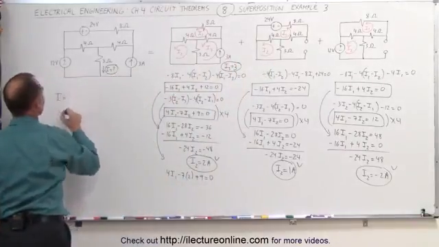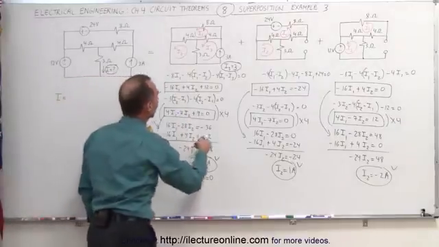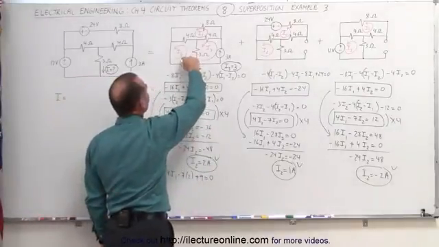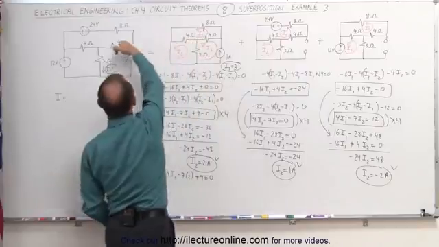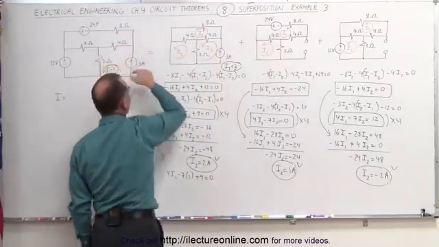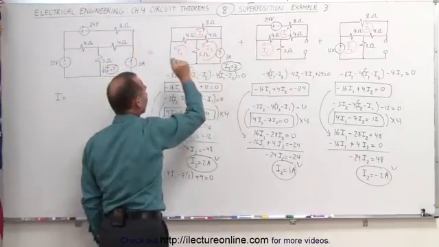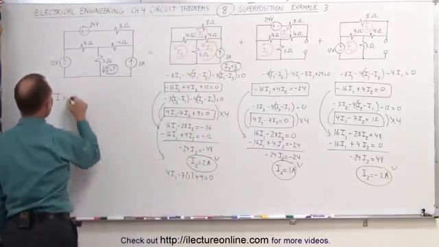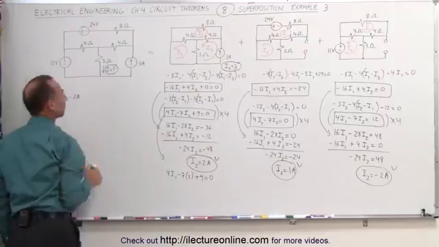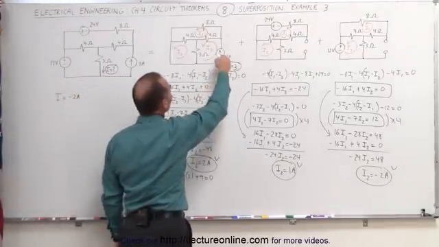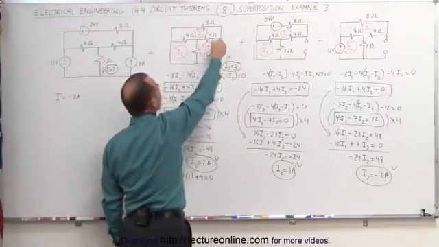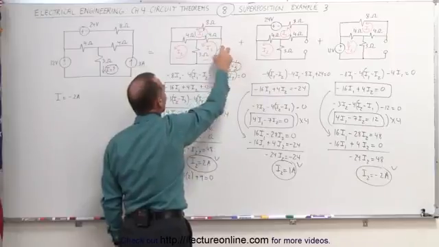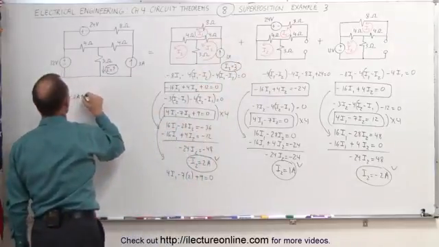I is equal to, from the first circuit, notice that I2 is in the opposite direction of the current that I want, the current downward. I2 is upward there, so I take the negative of I2 in this case. So negative I2 would be a minus 2 amps. But I take the positive of the I3, because it's in the same direction. I know that I3 is 3 amps in that circuit, so plus 3 amps.